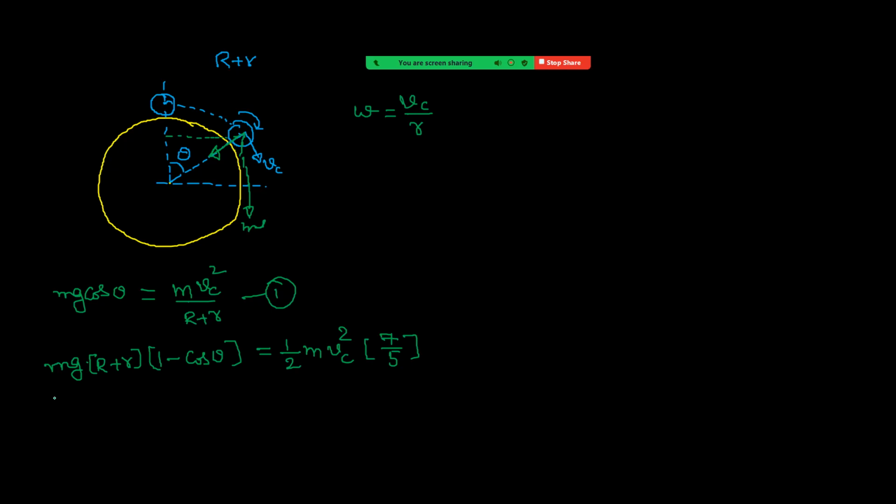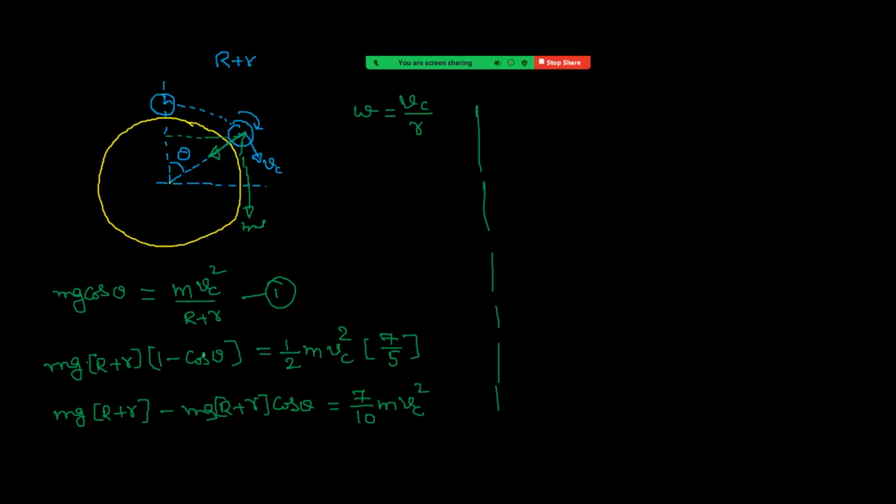Okay, otherwise expand this: mg into R plus r minus mg into R plus r into cos theta, that is equal to how much? 7 upon 10 m vc square. Okay.